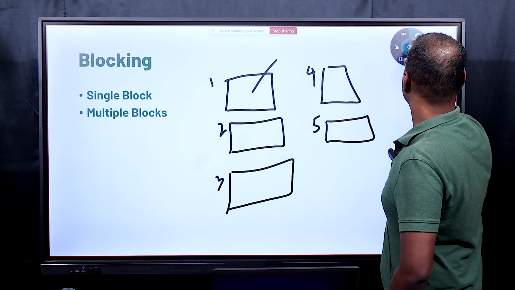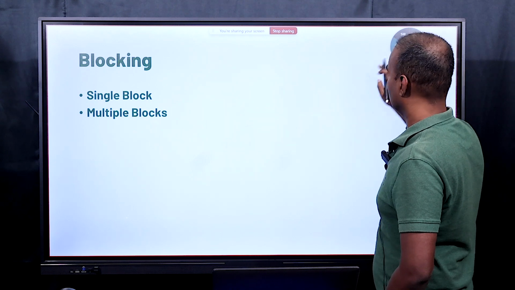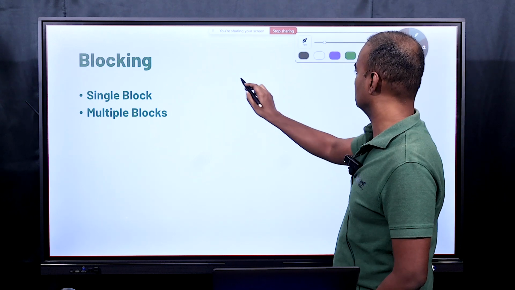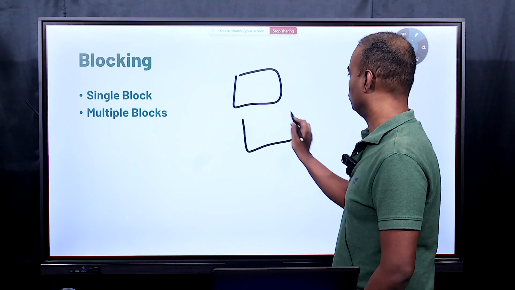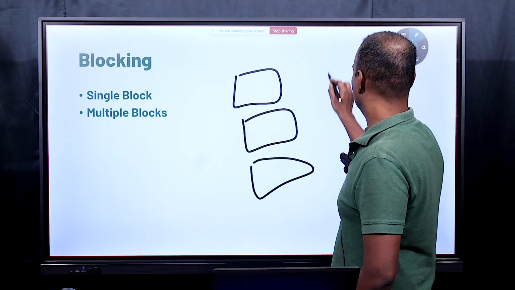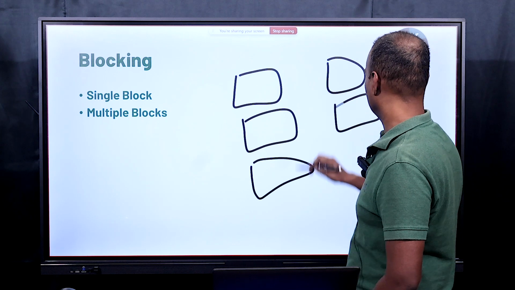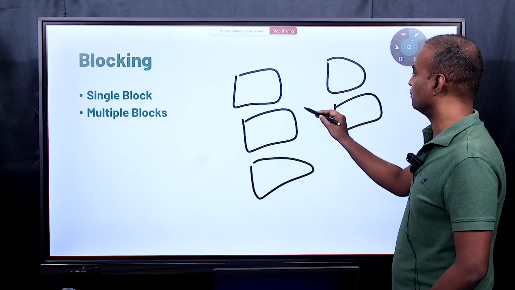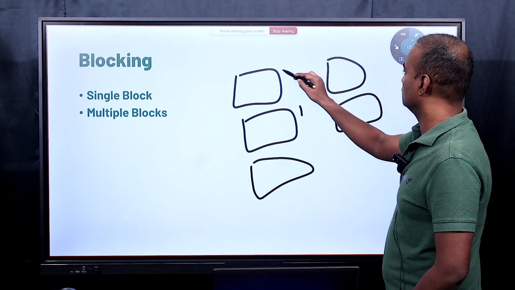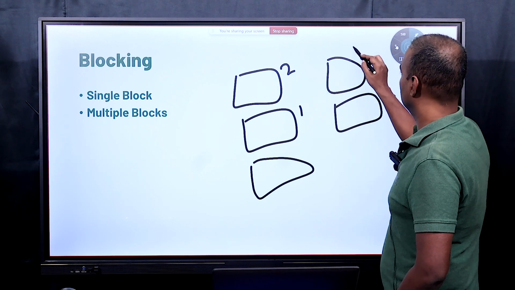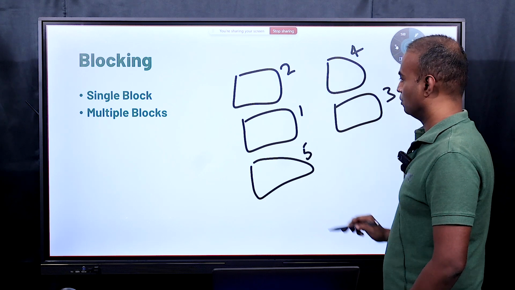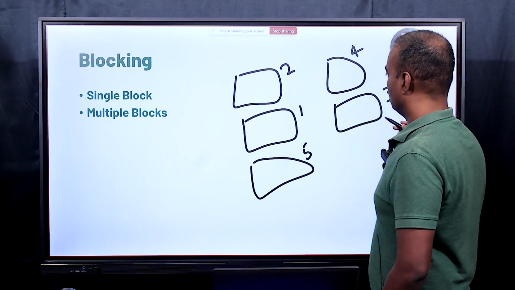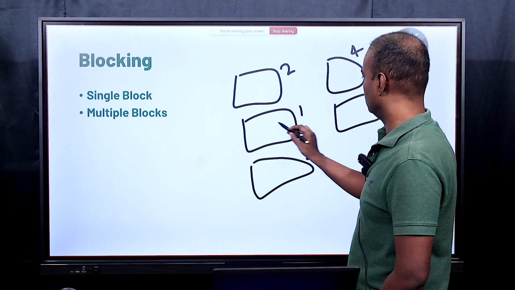How can this be changed? Now I am making the blocks: block 1, block 2, block 3, block 4, block 5. Now I have given the block sequence. This has 1, this has 2, this has 3, this has 4, this has 5. Now what should happen? After the first patient comes, he goes to this block.